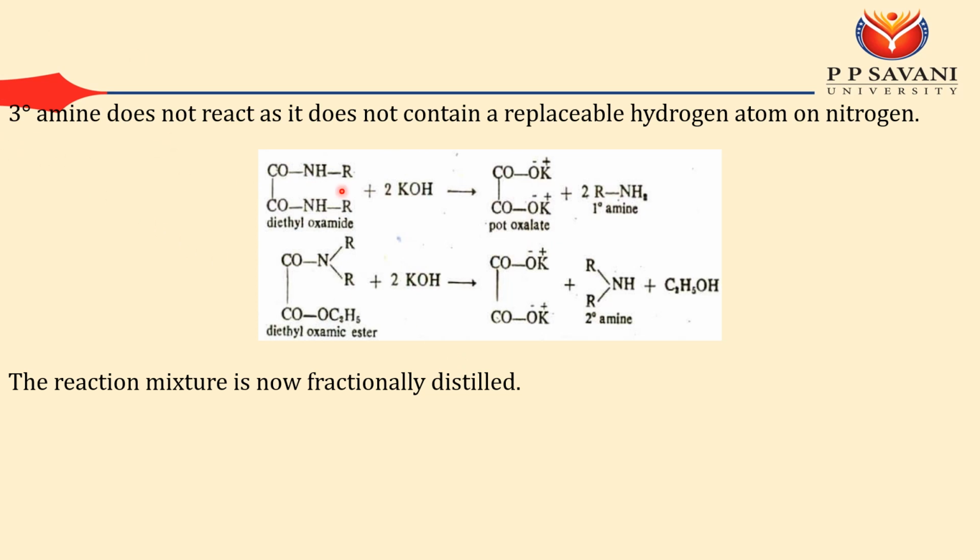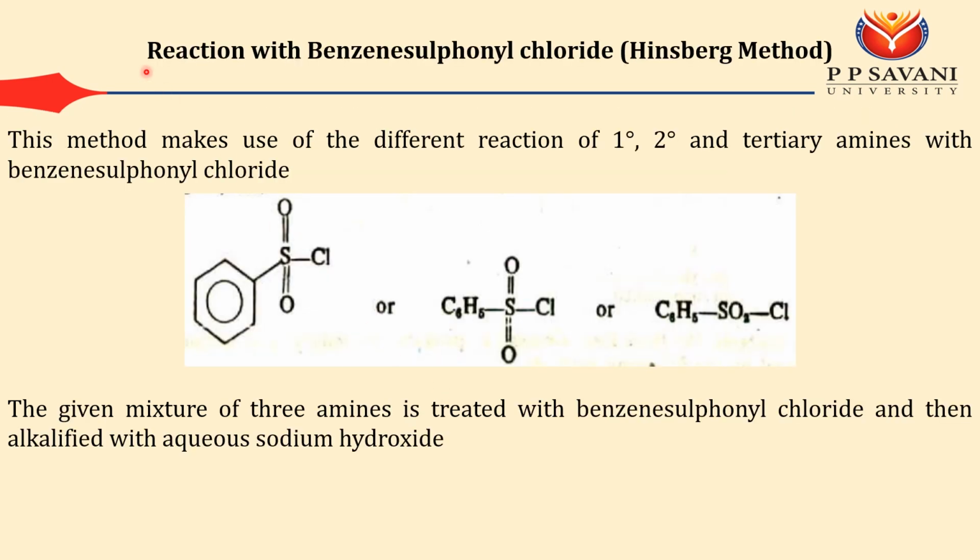For a tertiary amine there is no hydrogen, so it does not react. The reaction mixture can now be separated by fractional distillation. Then you can do a reaction with benzene sulfonyl chloride, which is known as the Hinsberg method.